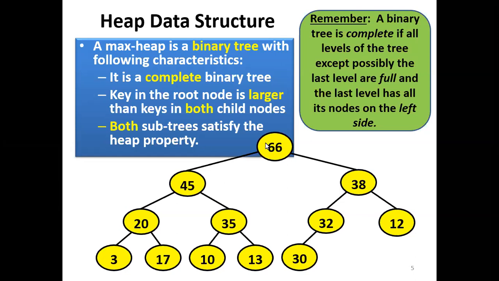If you have a look here, you see 66 is greater than 45, and 66 is also greater than 38. If we consider this subtree, 38 is greater than 32, and it is greater than 12. So this implies that even the children nodes or the subroots must satisfy the heap properties.